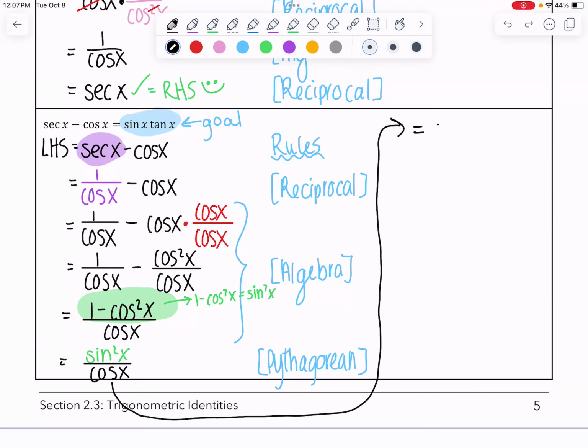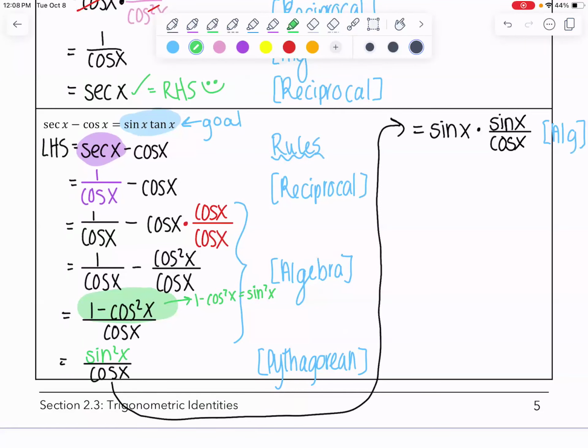So I'm going to take one of those sine x that was on top and pull it off to the side. And I would be left with sine x divided by cosine x. That is just doing algebra. I'll just write ALG for algebra. And then sine x divided by cosine x.